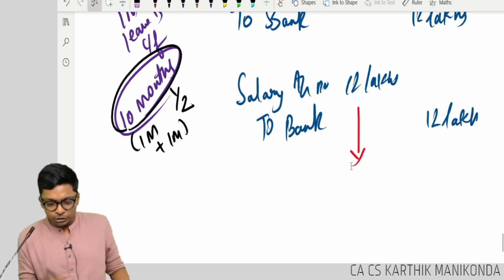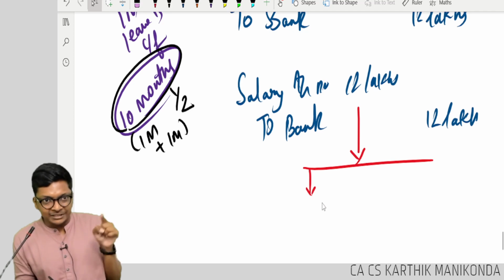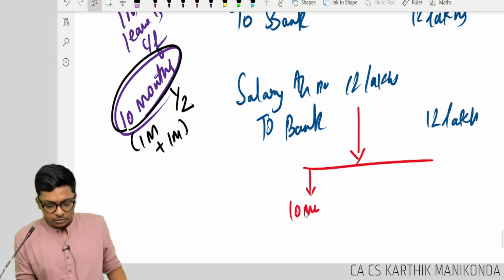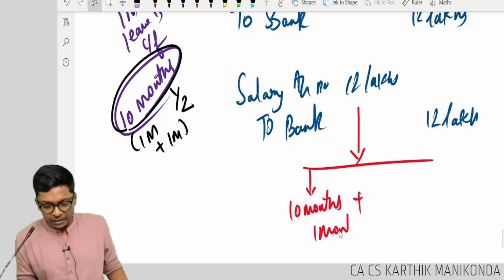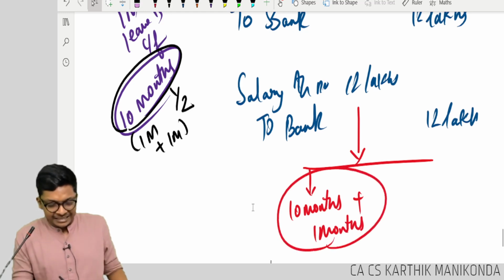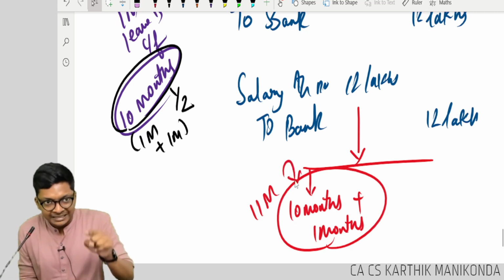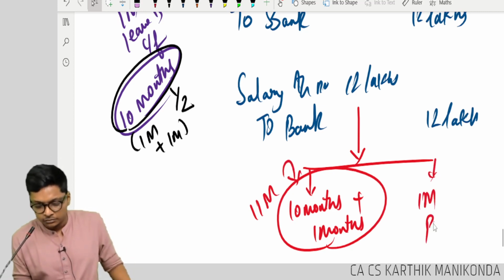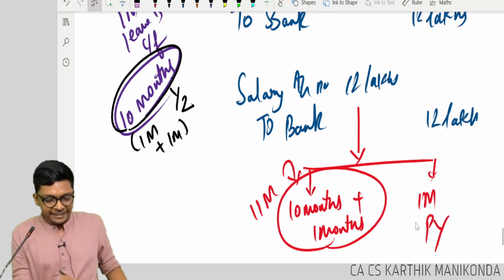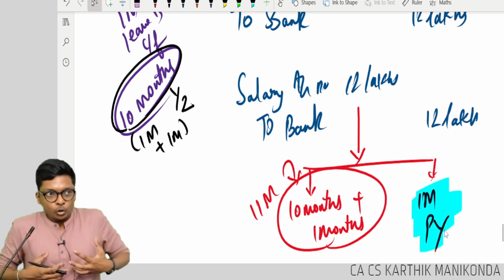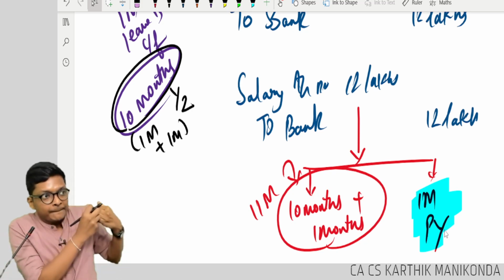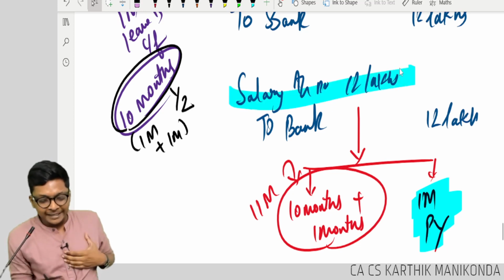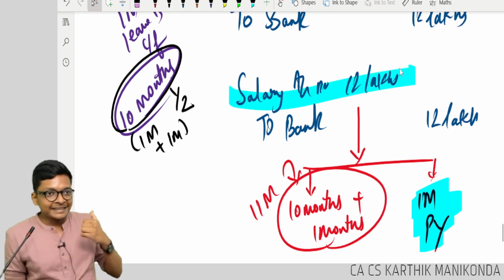In these 12 months, how many months belong to this year? 10 months belong to this year where he worked, plus 1 month, that means 11 months accrue to this year, and 1 month is of the previous year. That means this 1 month was earned by him by working fully in the previous year, but you are accounting for it in this year.